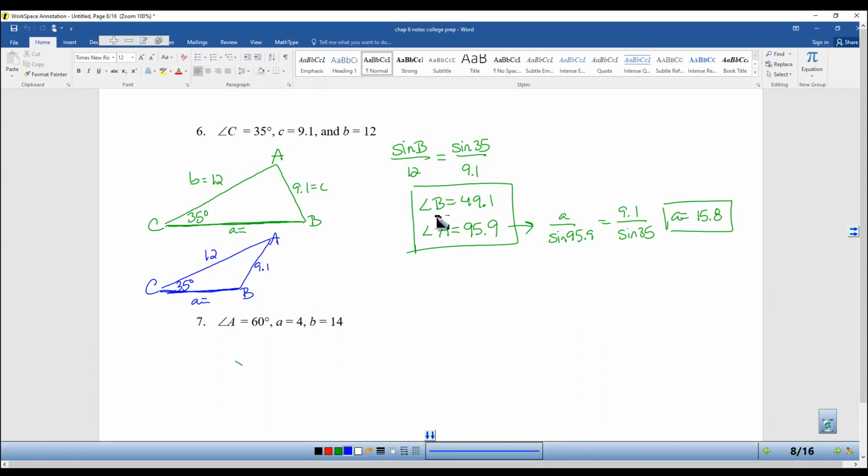But B could have been this angle here. So every single time you have two possibilities to get the other angle B, you're always going to do 180 minus.